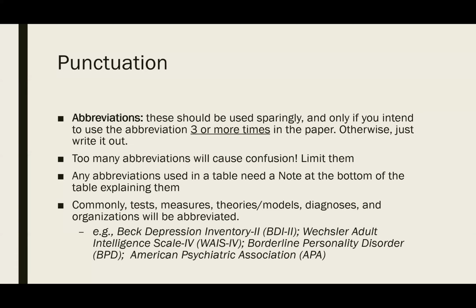So the main rule of thumb here is that the first time that you use the term, you write it out, you put brackets, you put the abbreviation, and then you can use the abbreviation for all subsequent times you refer to it.